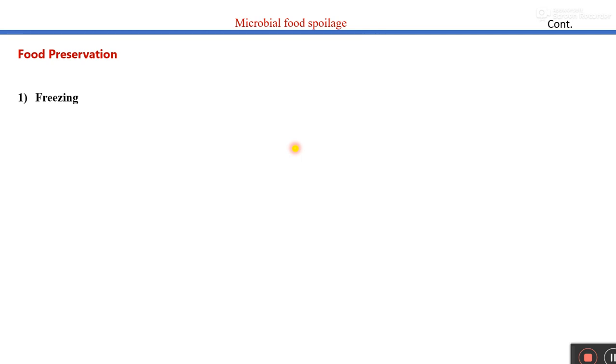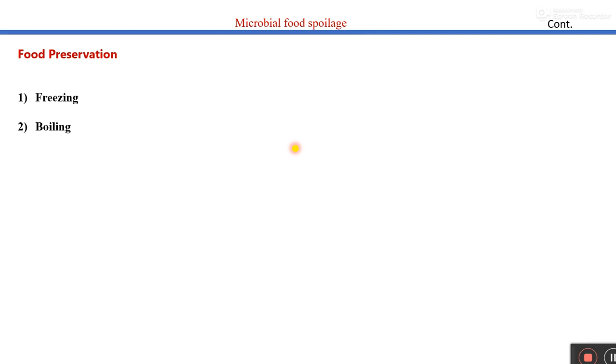Freezing generally discourages the growth of different microbes, and by preventing the growth of different microbes through freezing, we can prevent our food from food spoilage. Second way through which you can preserve your food from microbial food spoilage is by boiling.